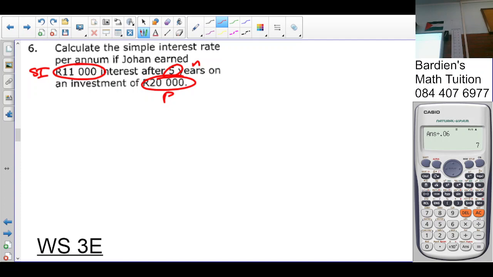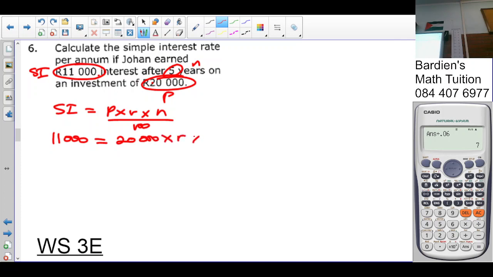But you could have used the other one if you had added those two values together, not so. So you're going to use SI is equal to P times R times n over 100. Okay, so what is your SI? 11,000 equals 20,000 times your rate, which is R, times n, which is 5, over 100.